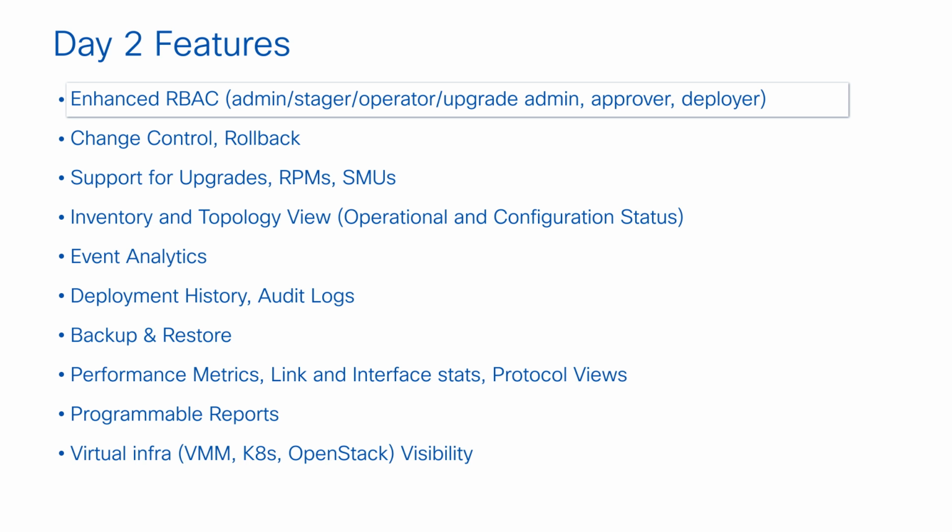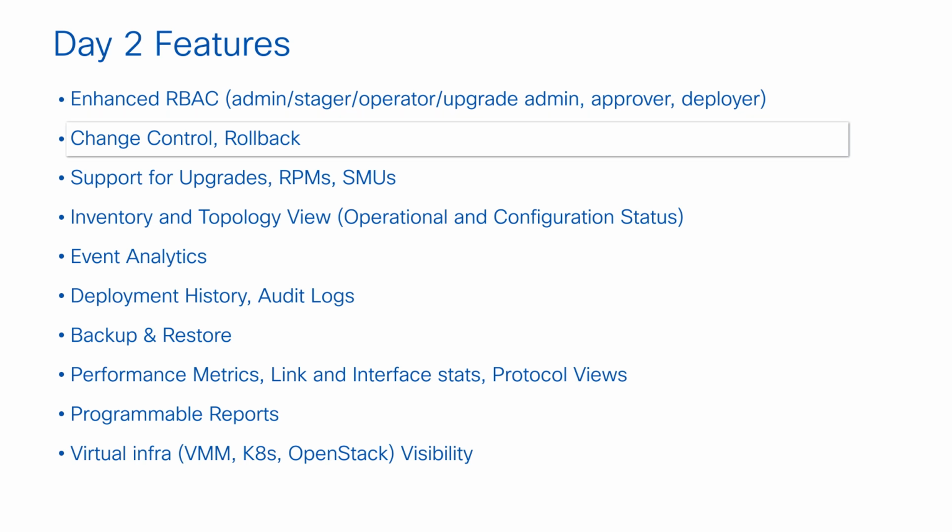For example, a user can be an administrator, a stager, an operator, an upgrade admin, or an approver or deployer for change control. Now these roles can vary depending on the type of fabric you want to provide access to. So for example, someone can be an administrator or a stager for one fabric, and can be a stager and an operator for another fabric. So it's totally dependent on and boils down to a fabric level.